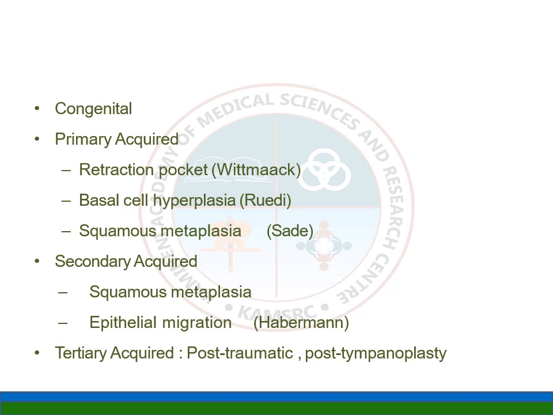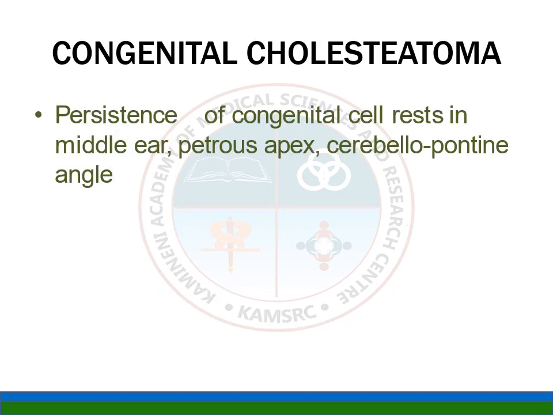What is congenital cholesteatoma? Congenital cholesteatoma arises from embryonic epidermal cell rests in the middle ear cleft. During development, a few squamous epithelial cells get entrapped in the middle ear. Later on they give rise to cholesteatoma.